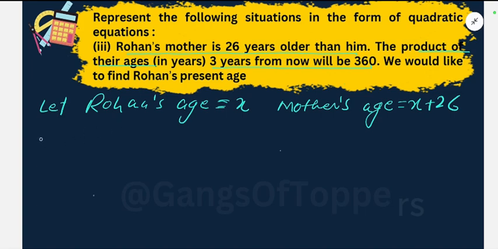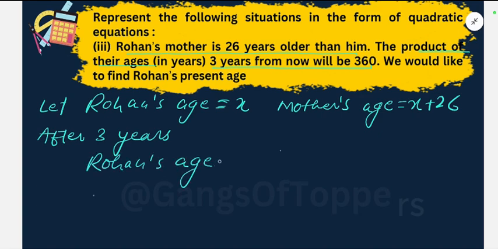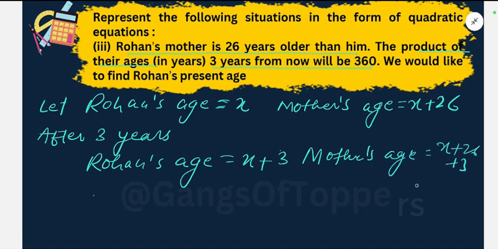Then you have to write after 3 years. After 3 years, Rohan's age becomes x plus 3 and her mother's age becomes x plus 26 plus 3. That means x plus 29.